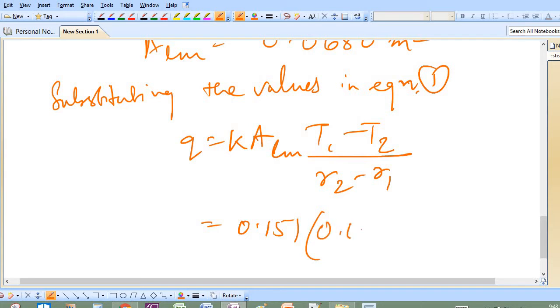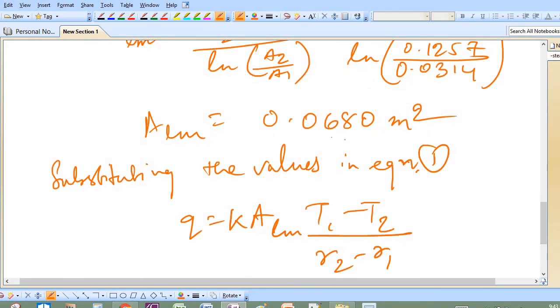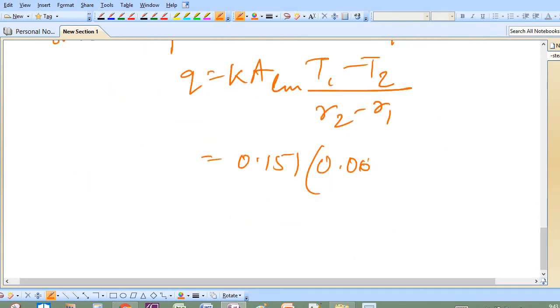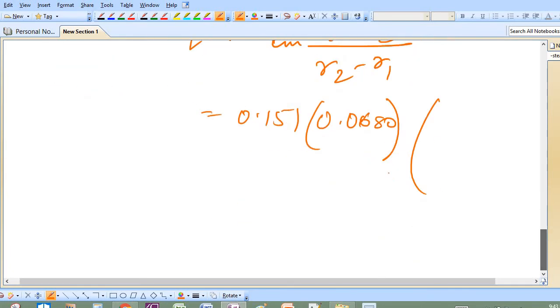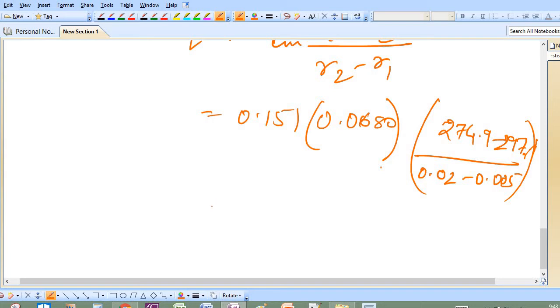We have our log mean area as 0.0680. Then 274.9 minus 297.1, divided by 0.02 minus 0.005, equal to minus 15.2 watts. So that is minus 15.2 watts.